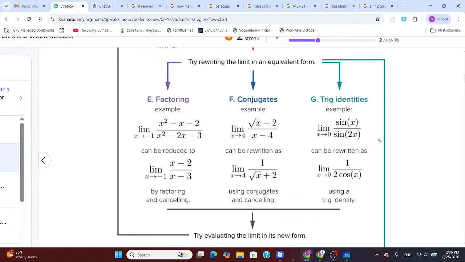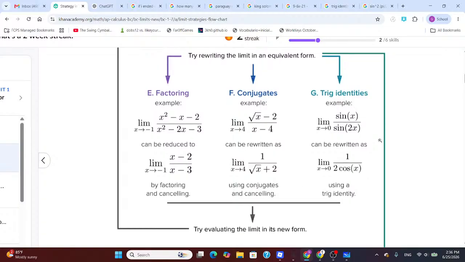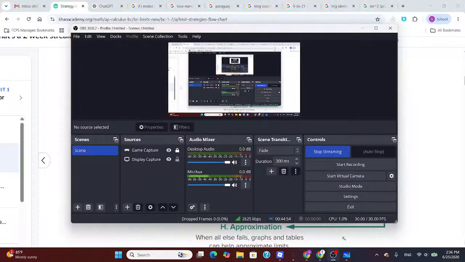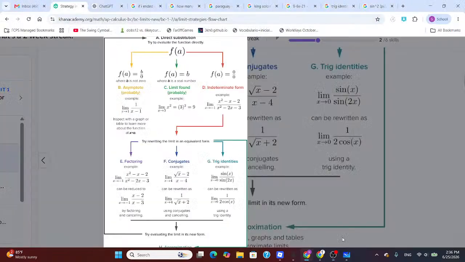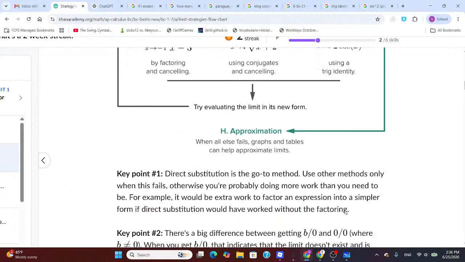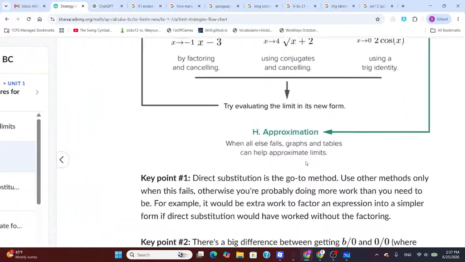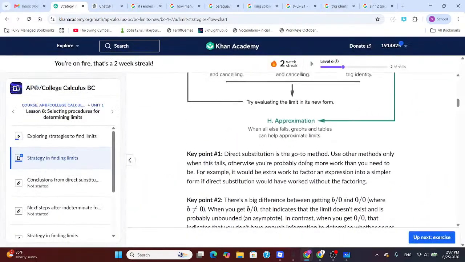It's tricky, but it's not too hard. I don't think it is. And for approximation, when everything fails, graphs and tables can help approximate.